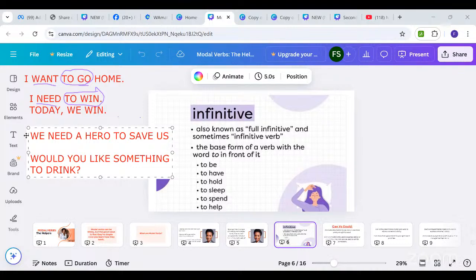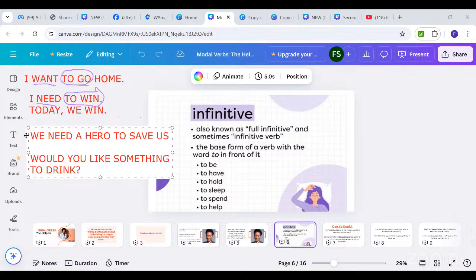But in this sentence, because of the to drink there, it changes it from a verb to becoming the noun itself. So in the first sentence, we need a hero to save us, the infinitive is modifying a noun, hero. Second sentence, the infinitive is acting as a noun itself. Okay. So I just wanted to clarify that.